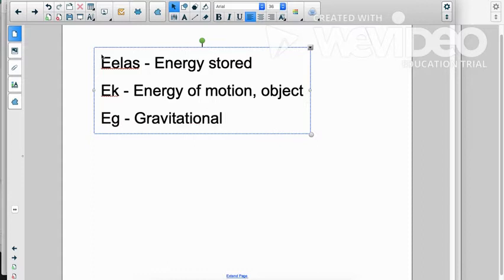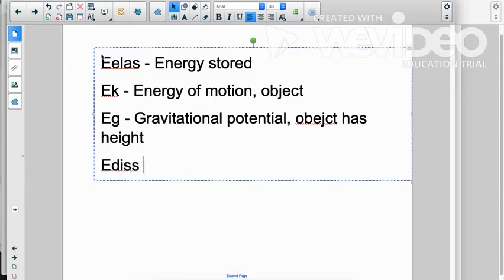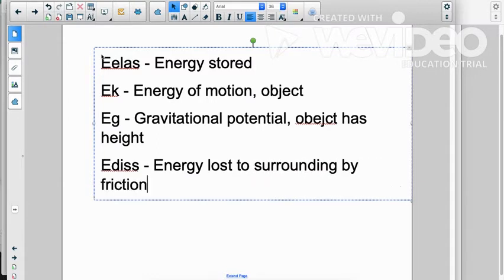EG is gravitational potential energy, so the object has some height above ground or above wherever your zero mark is. And then EDIS is energy lost by friction. So those are the four main energy assets that we use.